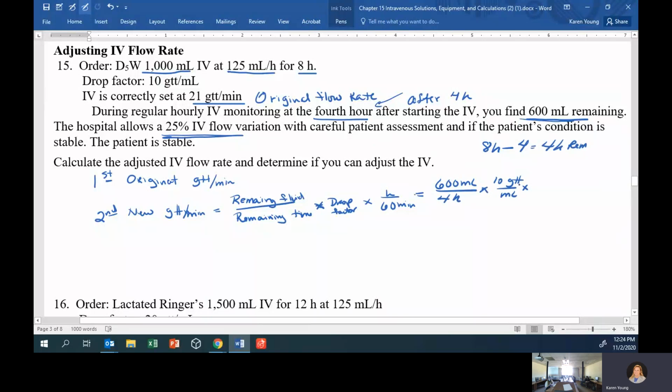Then I convert 1 hour to 60 minutes. My milliliters cancel, my hours cancel, and 10 goes into 60 6 times. So I have 600 over 4 times 6, which is 600 divided by 24. I'm going to have a new flow rate of 25 drops per minute.